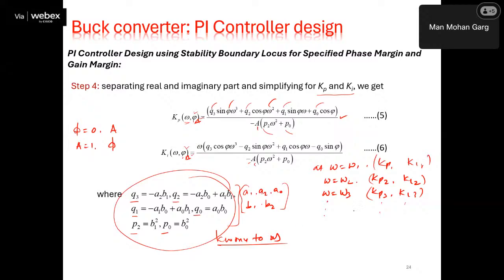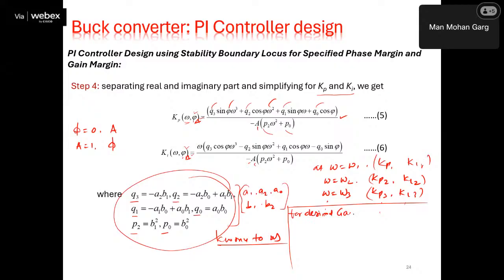So when we are designing this PI controller for, let's say, the desired gain margin, then we put phi equal to 0 in these equations.